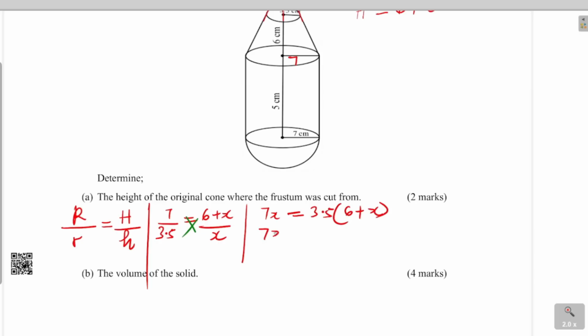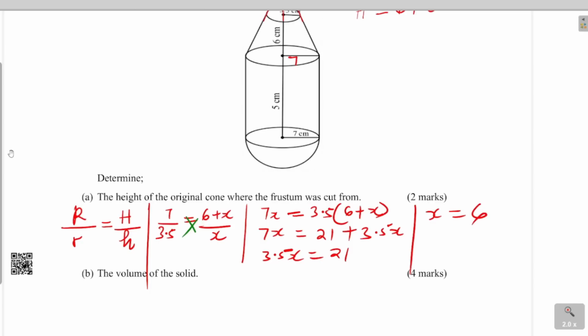So 7x equals 21 plus 3.5x. Collect the x's together: 3.5x equals 21. Divide both sides by 3.5 and x is 6.